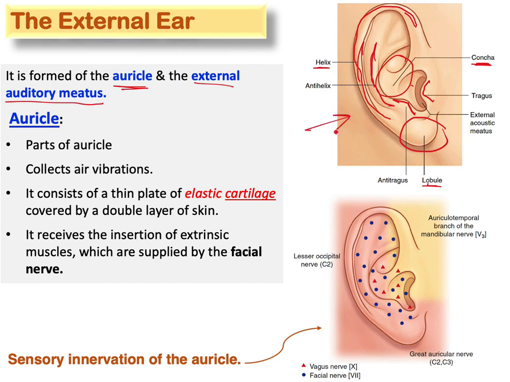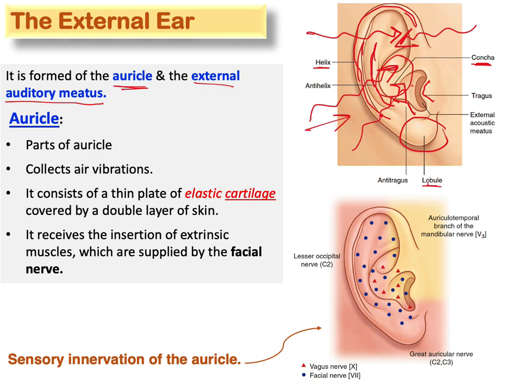So the auricle exists outside, like a satellite, to collect the waves and sound vibrations, and when they are collected, it becomes better for your hearing.